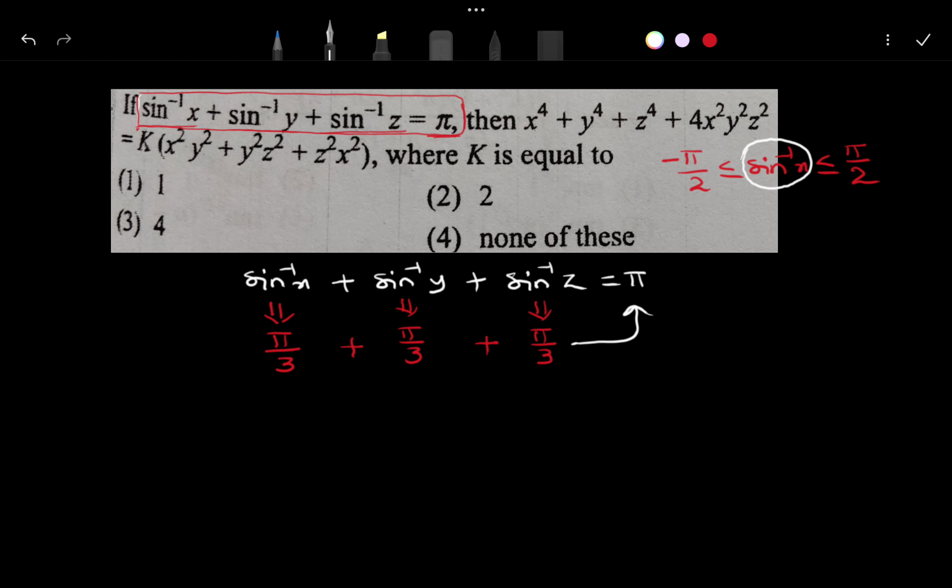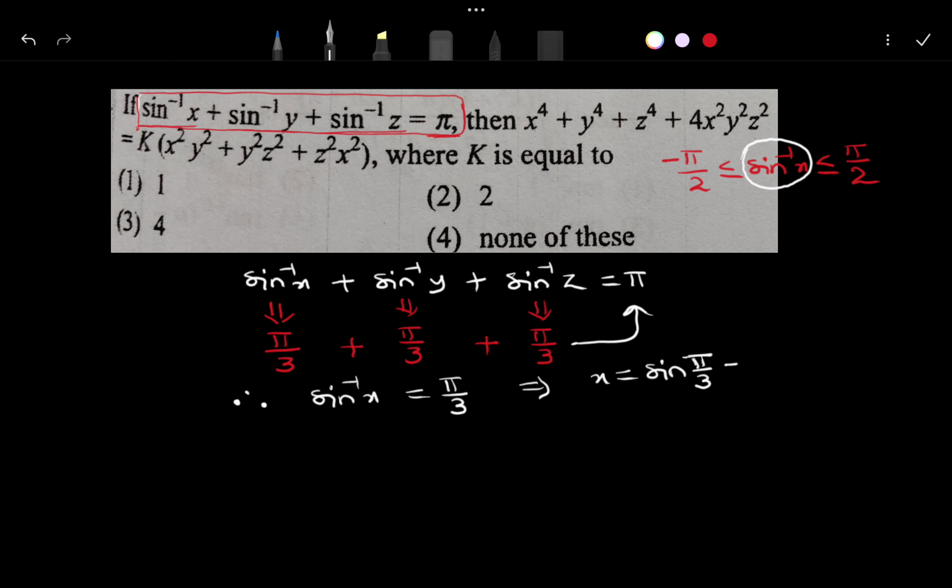Therefore sin inverse x is equal to pi by 3, meaning x is equal to sin pi by 3. Now y also the same, z also will be the same.